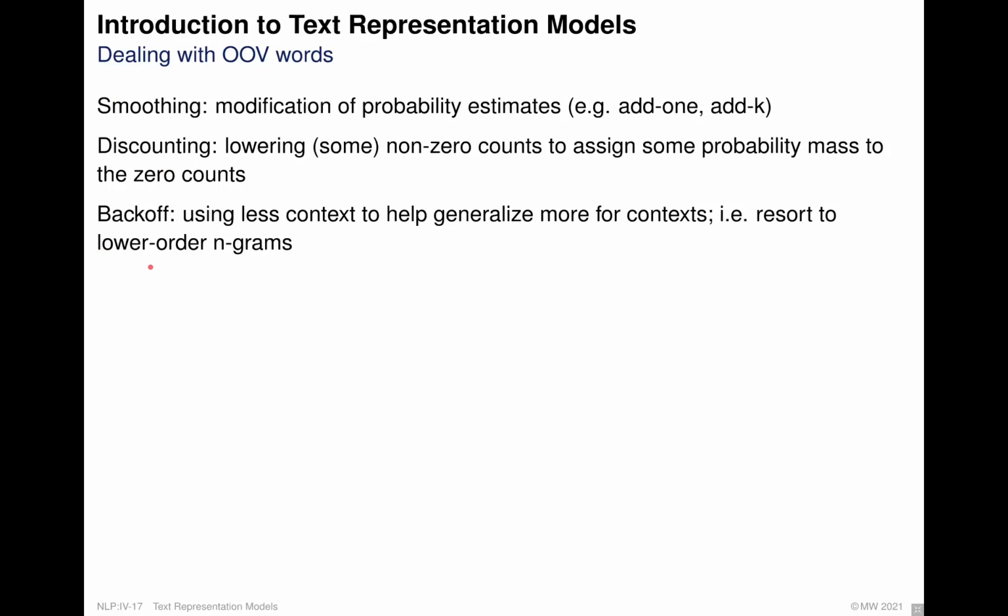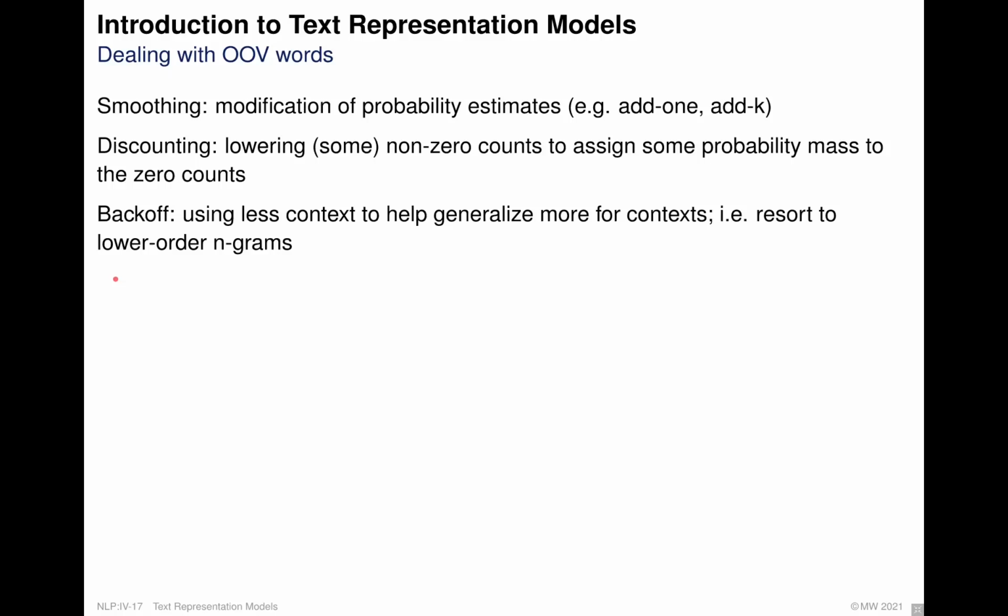The third method is the back-off method. I'm sorry, my voice is really kind of ridiculous now. That consists of using basically less context. If we don't know a trigram probability, maybe we know a bigram probability that includes the words in question.